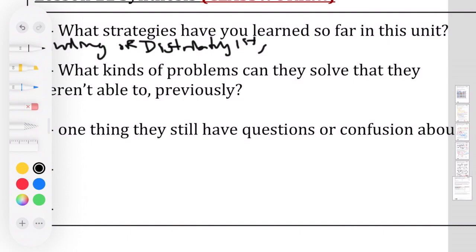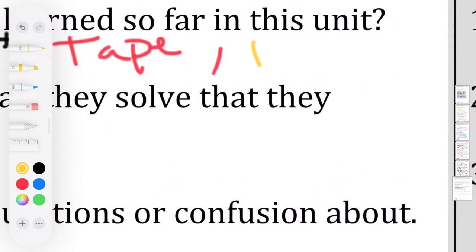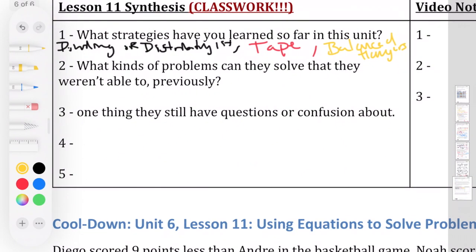And I apologize for my sloppy handwriting, but we've also used tape diagrams, and then we've also used balanced hangers. And then problems that you could solve now that you weren't able to previously, I would say equations with parentheses.